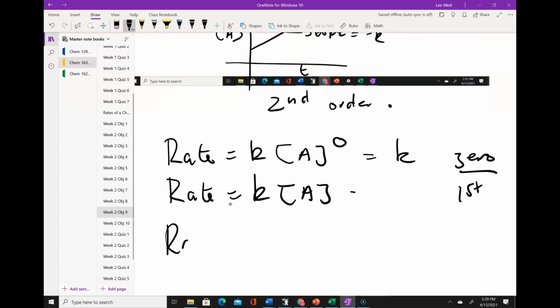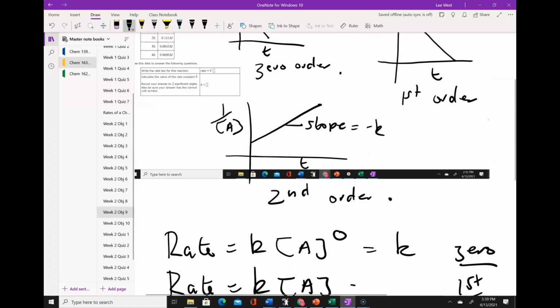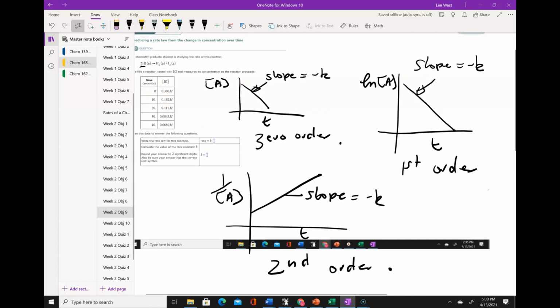And if it's second order, then my rate law will be k times the concentration squared. So what I've got to do is make these 3 plots, check if they're linear, and then for the one that is linear, I'm going to look for the slope.